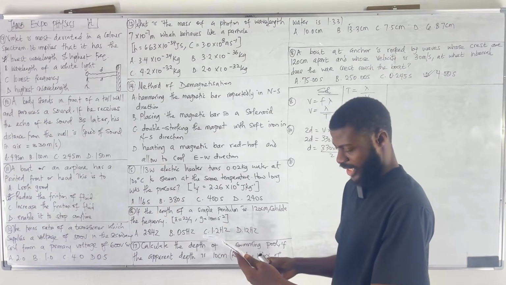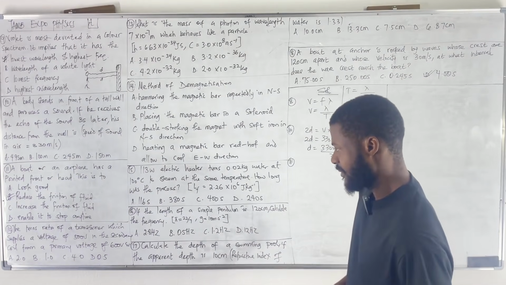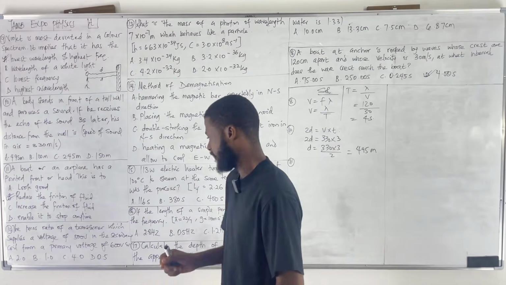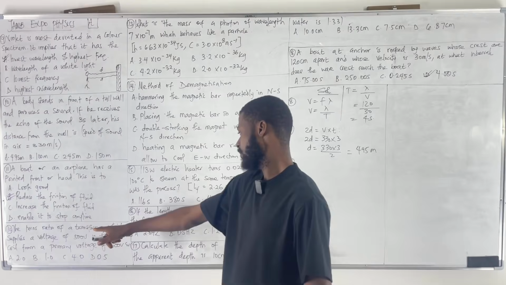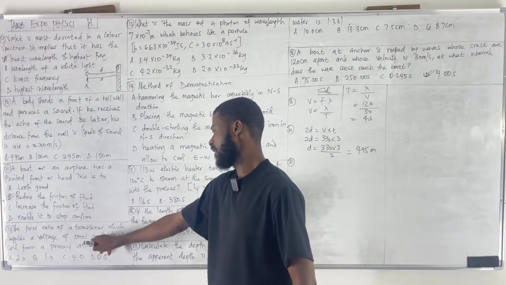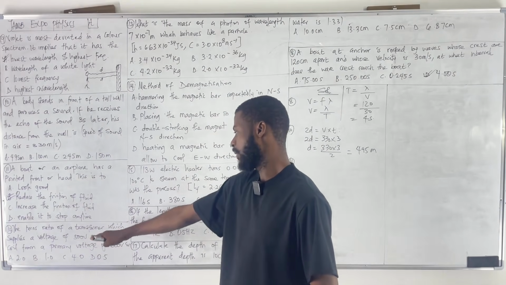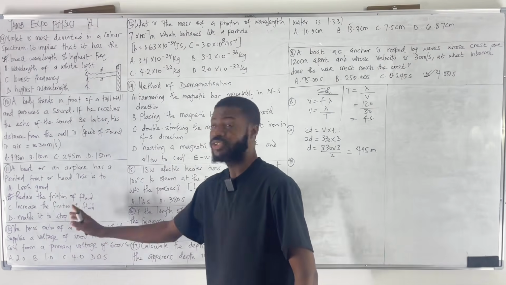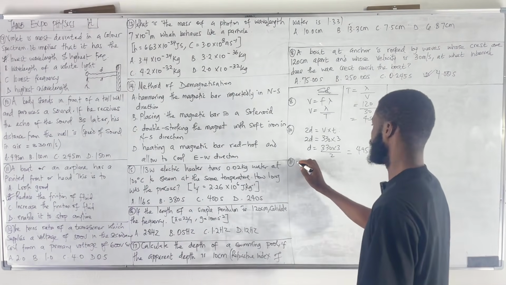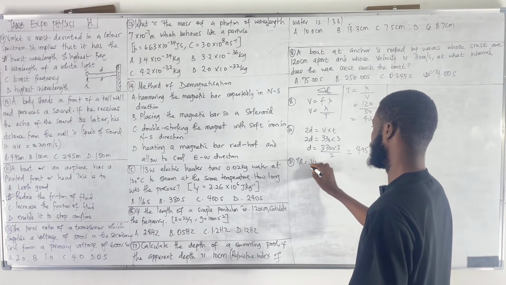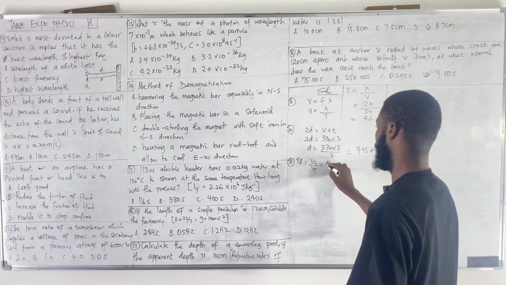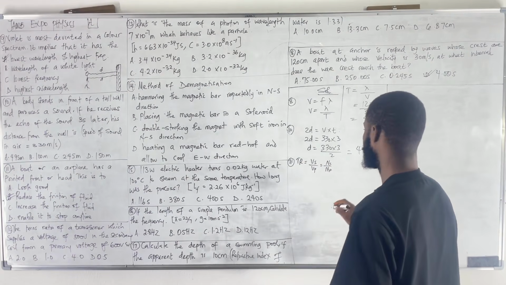Okay, the next one, question 12. The turns ratio of a transformer which supplies a voltage of this in the secondary from a primary voltage of this is dash. You need the turns ratio. Turns ratio is VS over VP, or NS over NP.